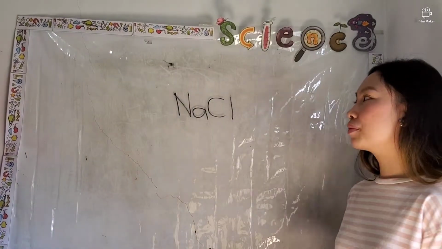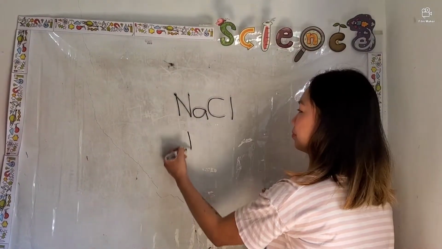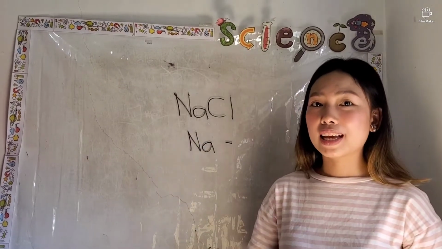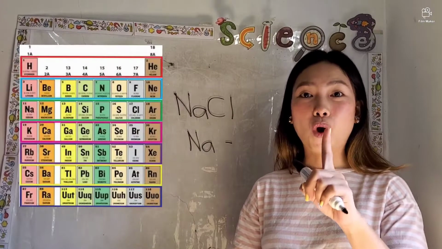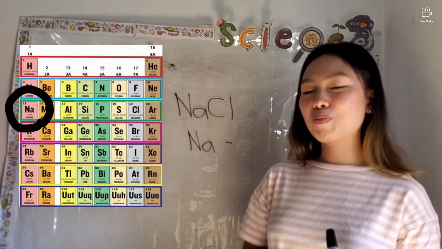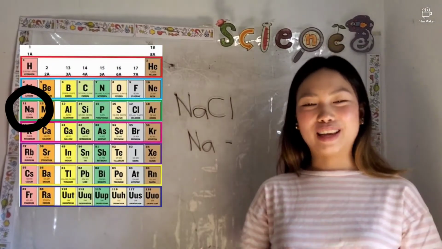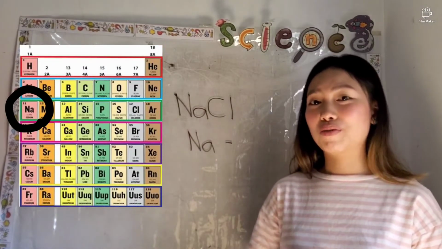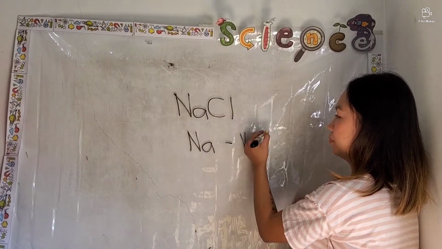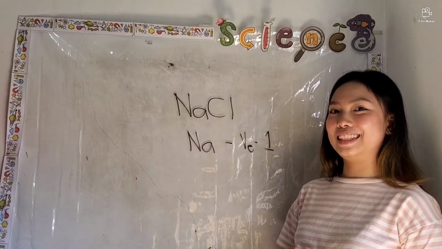Ngayon, si Na ay matatagpuan natin sa group 1A. So, kung matatagpuan natin si Na sa group 1A, anong valence electron niya? So, the valence electron of sodium will be also 1.